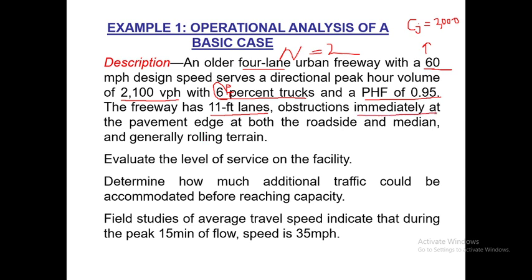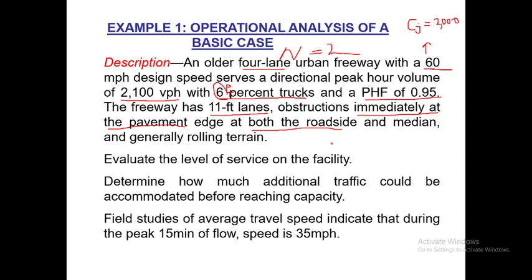When they say immediately at the pavement edge, it means that we don't have a shoulder. So the shoulder is 0, okay? And it's on both sides. If you remember in the table, for lane width or FW, we need this information. Is it on one side or both sides? And how wide is the shoulder? So you use this information to find out FW.